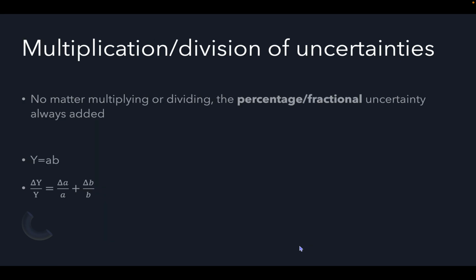Next is multiplication and division of uncertainties. Here, no matter multiplying or dividing, the percentage or fractional uncertainty is always added. So when calculating y equals a times b, this would be delta y over y equals delta a over a plus delta b over b.